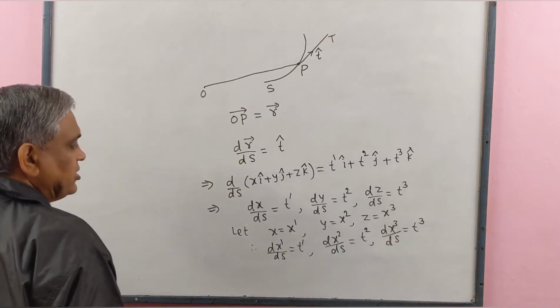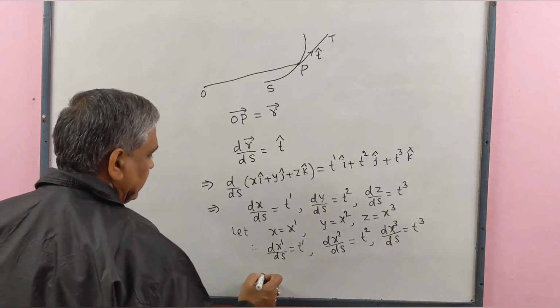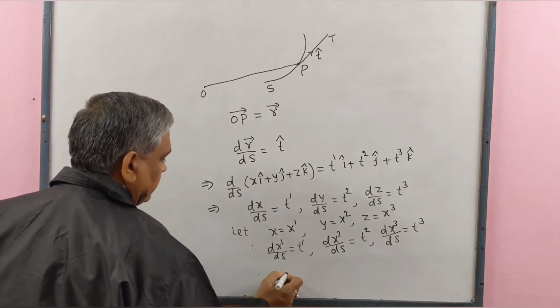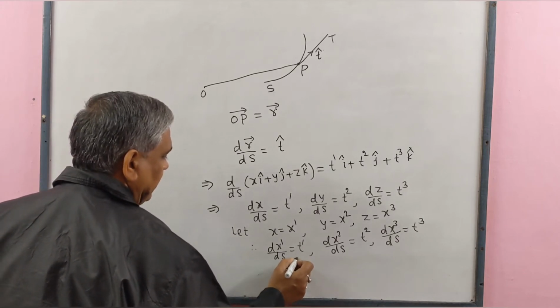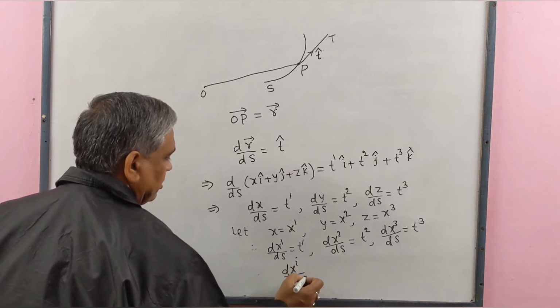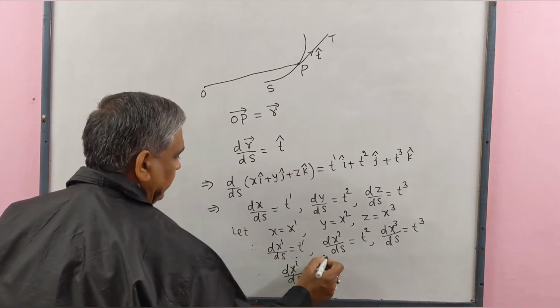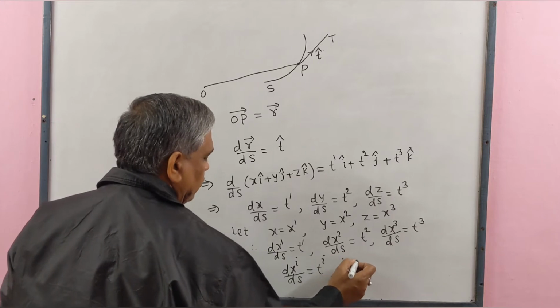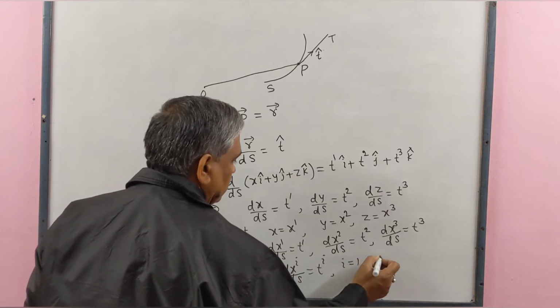If we generalize this, we may write dxi by ds equal to ti, i equal to 1, 2, 3.